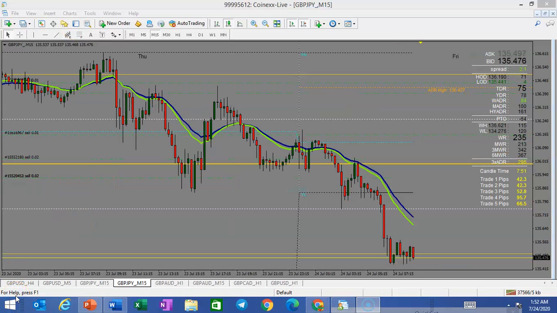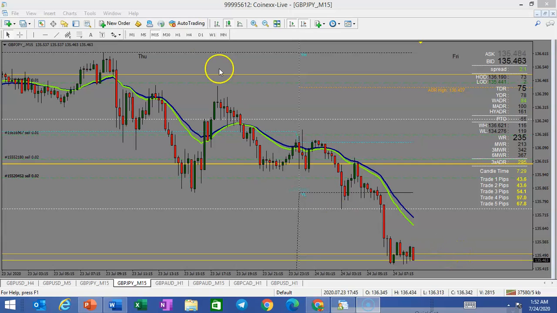Okay, so while we're waiting for GU to drop, I've also identified a setup on GJ. So price is dangling here at this 135.500 zone on the 15-minute. As you can see, we are in a downtrend.